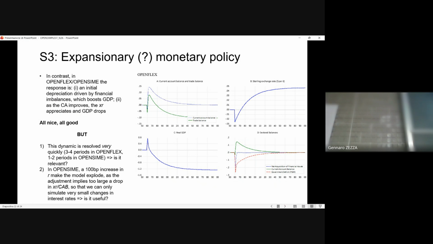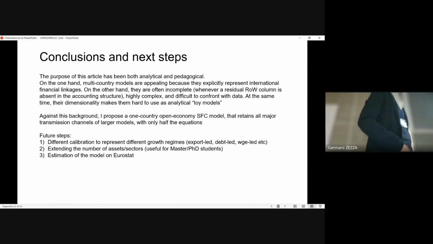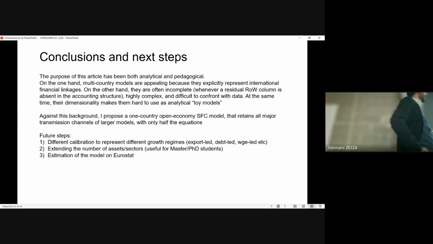Because the medium run effects are the same. In the medium run, we have an appreciation of the currency, and then the overall policy is recessionary. But I guess that this is something that we will have to investigate empirically more than theoretically in this kind of model.